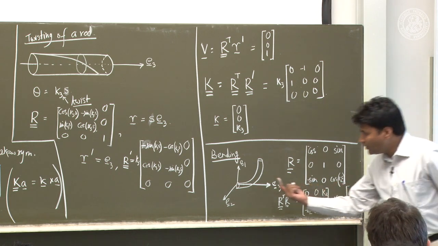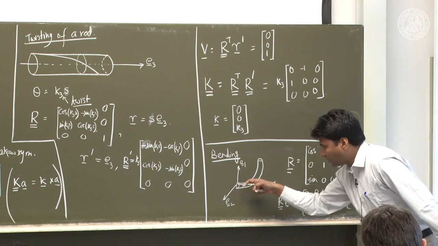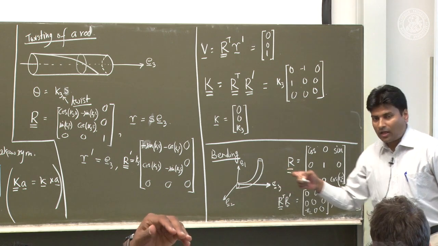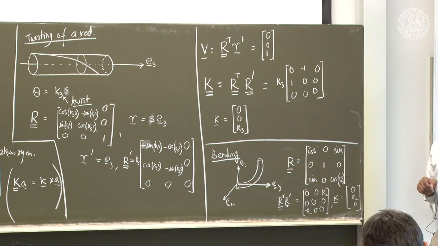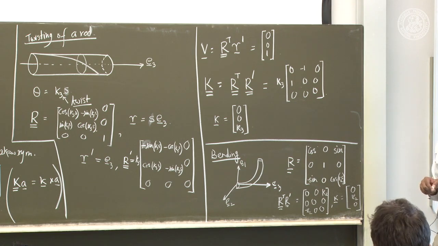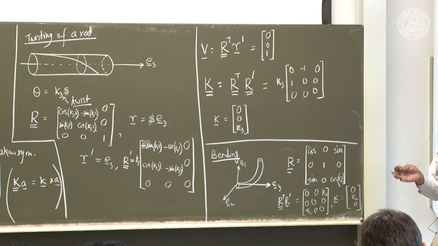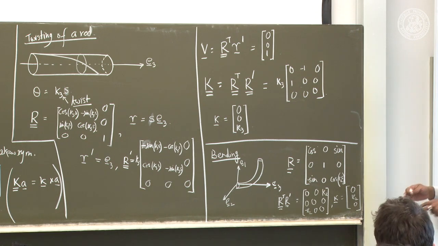Similarly, you could have bent your beam about E1 axis, and you would have gotten a K1 over here as a first component. And then you can do any general rotation where you have both bending and twisting involved, and you would have gotten everything over here.